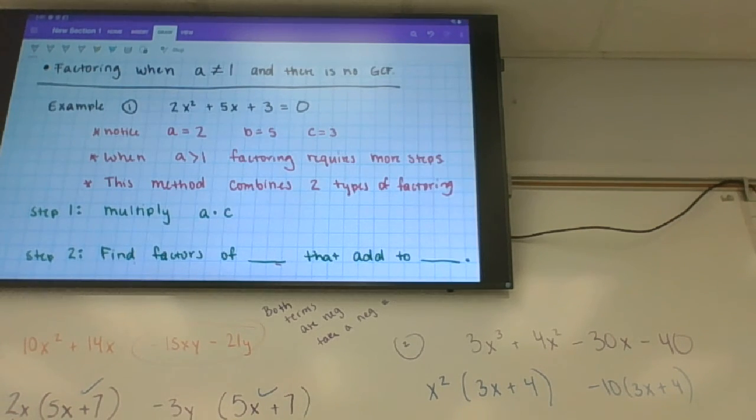So it's actually called the a times c method. So step 1, multiply a and c.